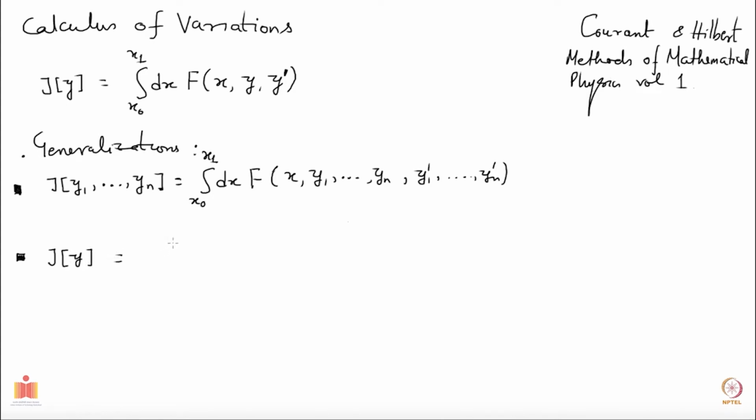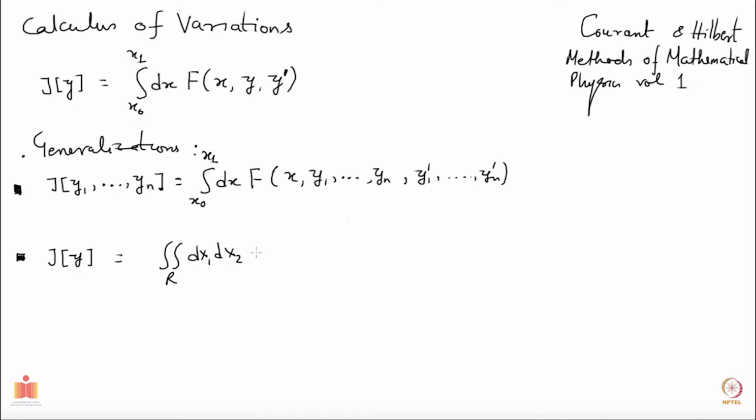Now you will be integrating over some region R in the space spanned by x1 and x2.